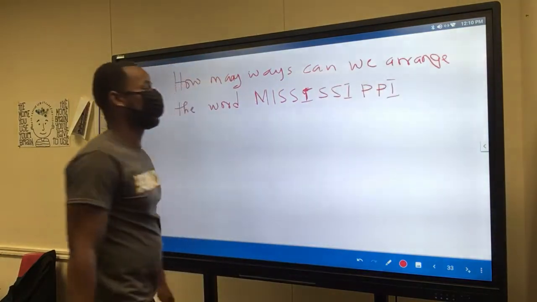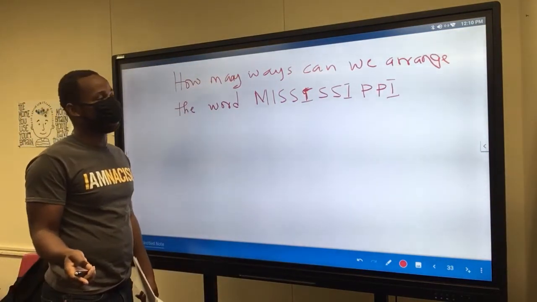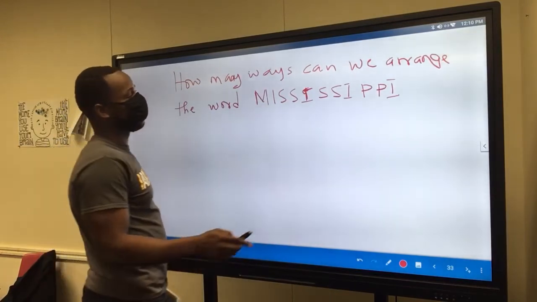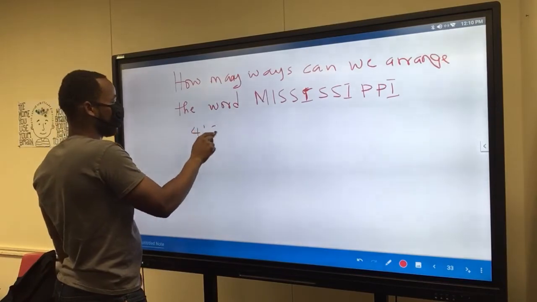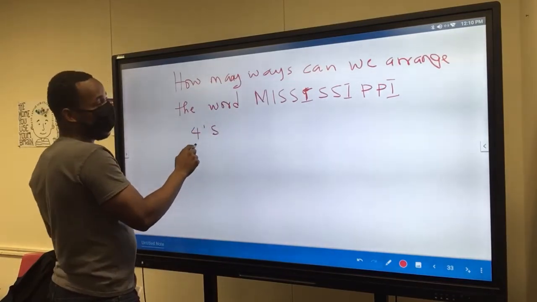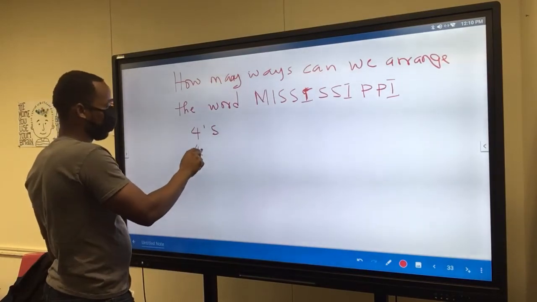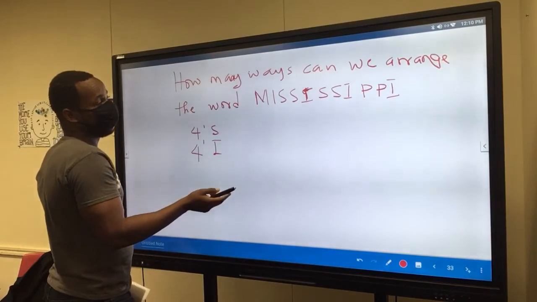Now, remember, you have to count the number of times each of the letters appear, right? So you can notice that there are 4 S's, okay? What about I? The I's are also 4, right? 4 I's. What again? There are 2 P's.